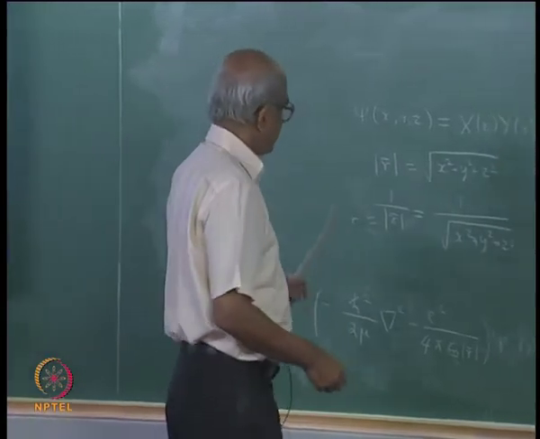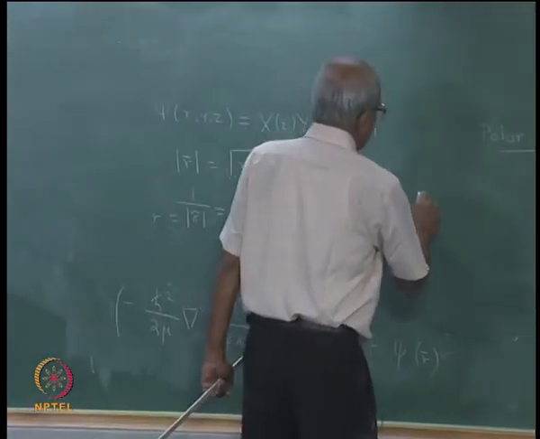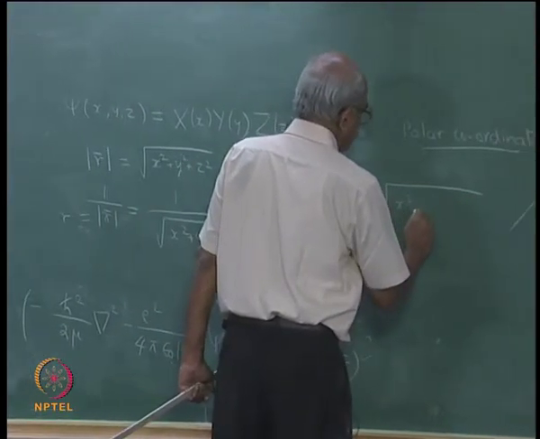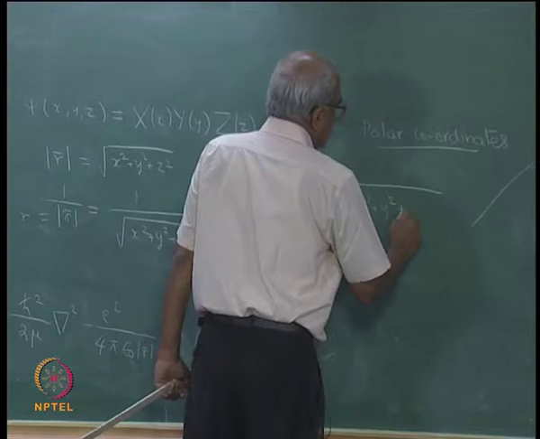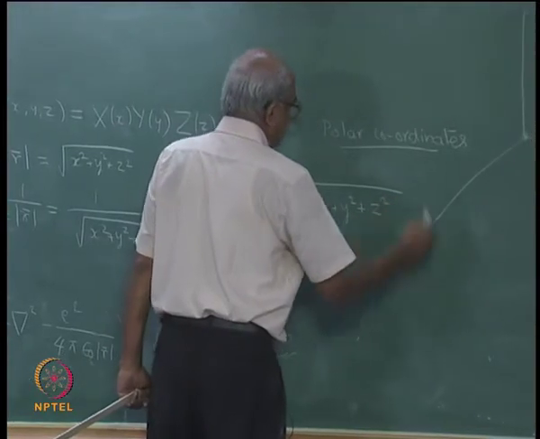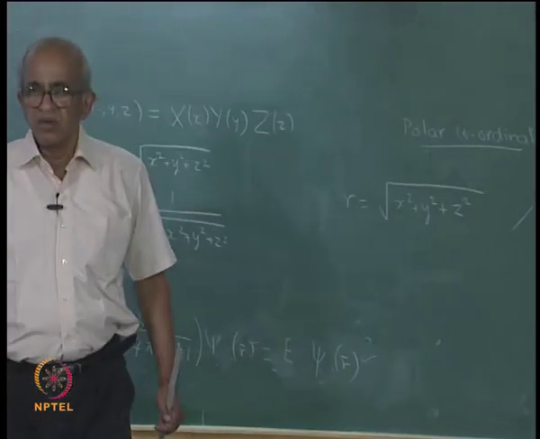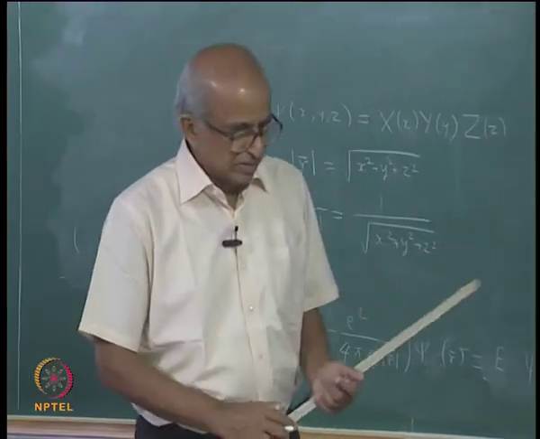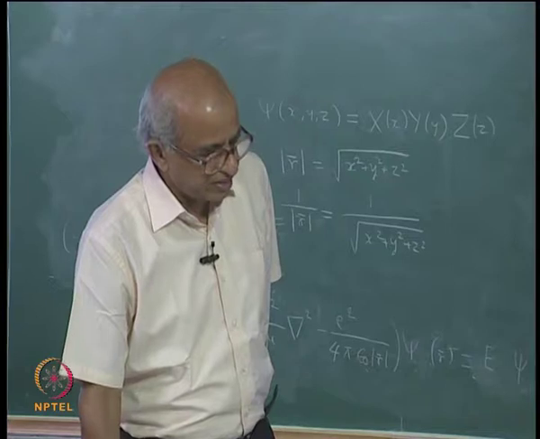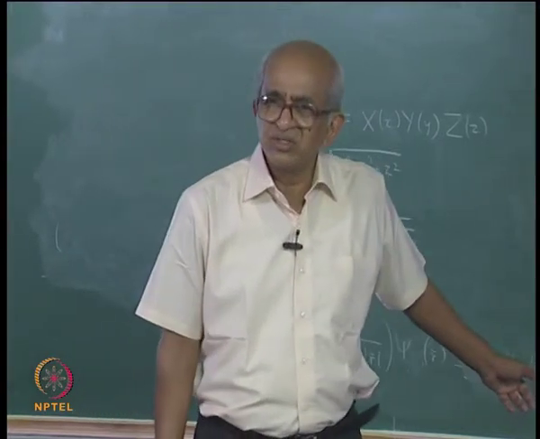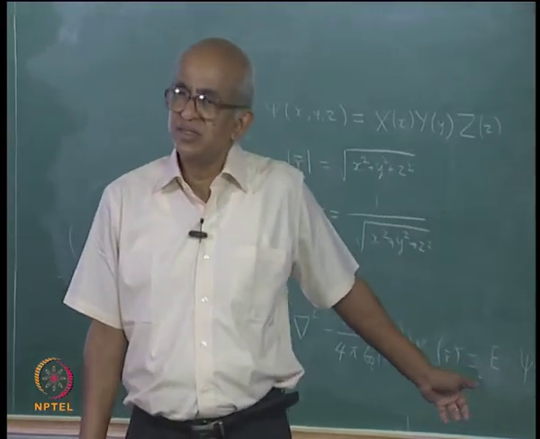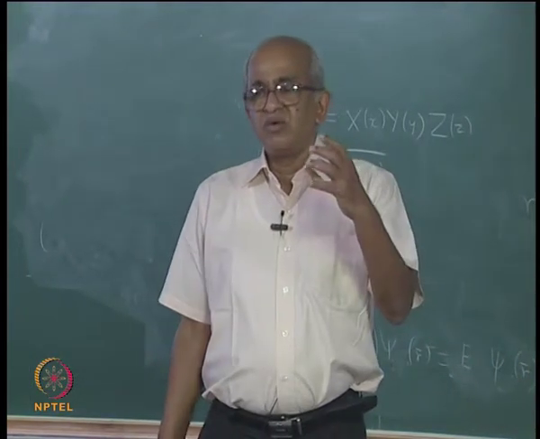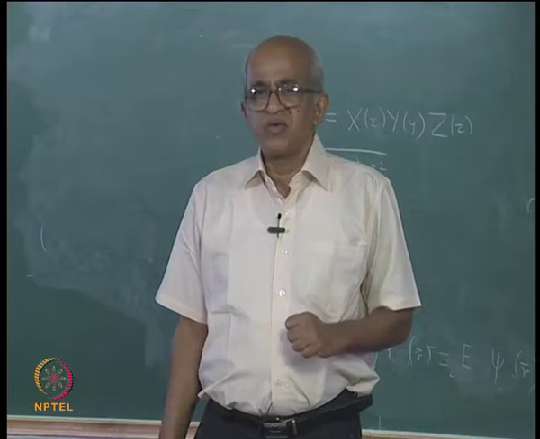So, what is r? r is equal to the square root of x squared plus y squared plus z squared. So, in order to specify the position of the particle, I can use this as one of the coordinates. Fine. Now, what is the minimum possible value for r?